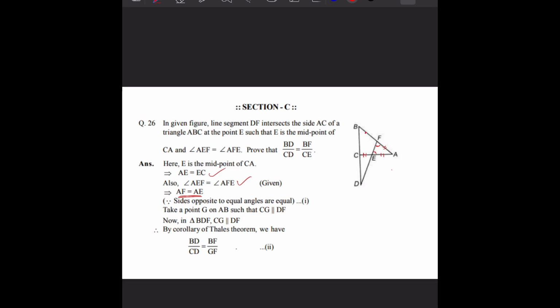Take a point here G so that CG is parallel to DF. You have to do this construction by corollary of Thales theorem.